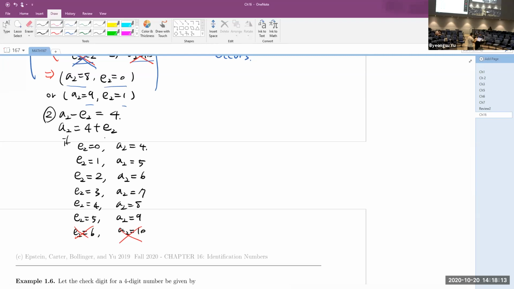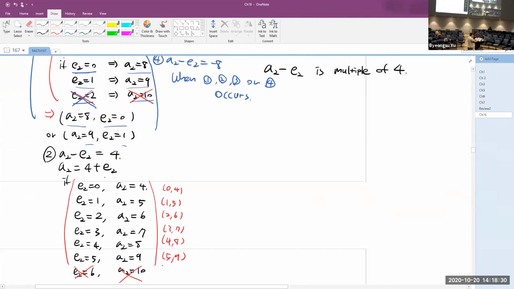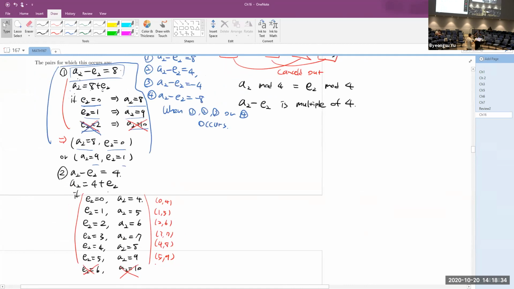So all possible cases are here, right? So 0-4, 1-5, 2-6, 3-7, 4-8, 5-9. Does it make sense?